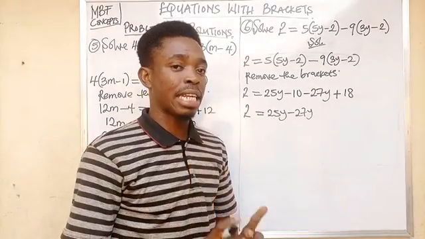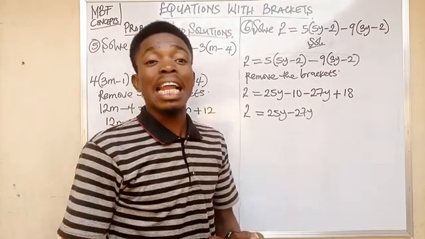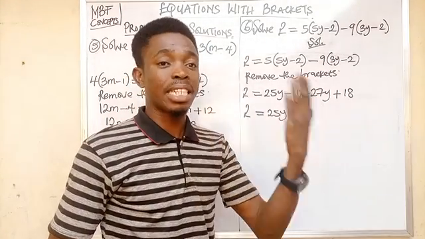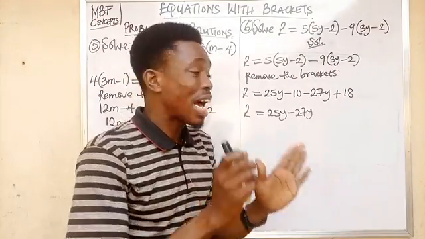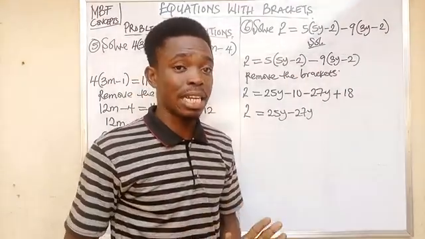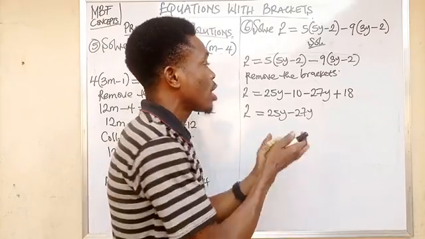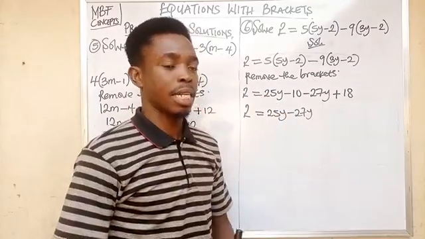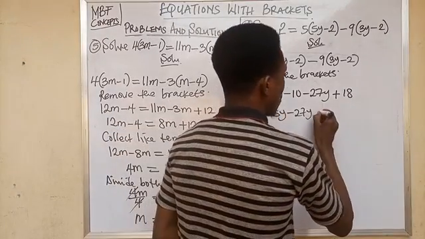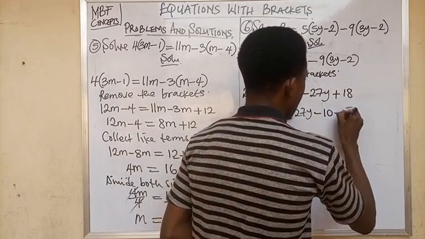I'm not collecting like terms. This is because we collect like terms when we are moving a particular term from one end to the other end. Now we are not moving anyone. We are dealing with them still on the right hand side. All I'm doing is to bring closer the variables and also bring closer the constants. Then we are going to now have minus 10 plus 18.